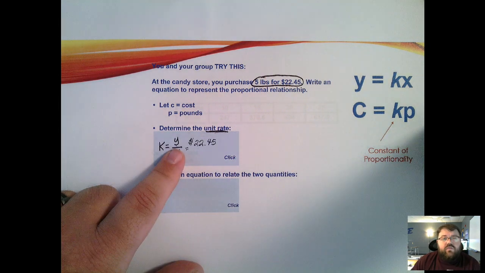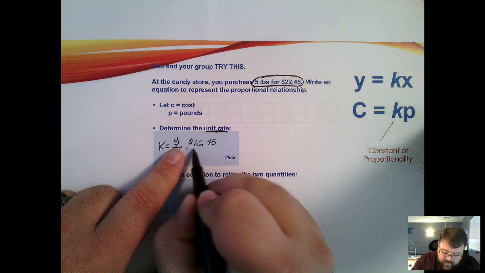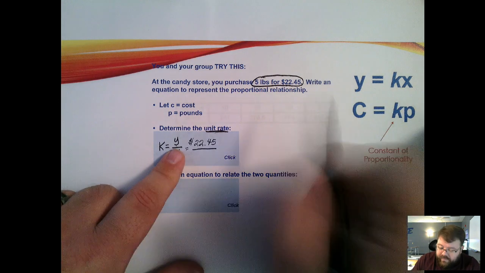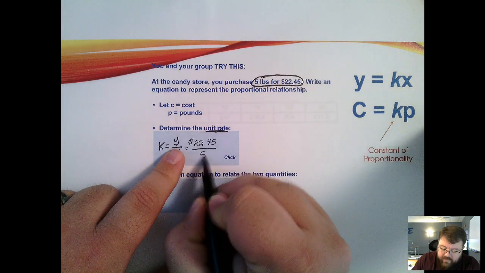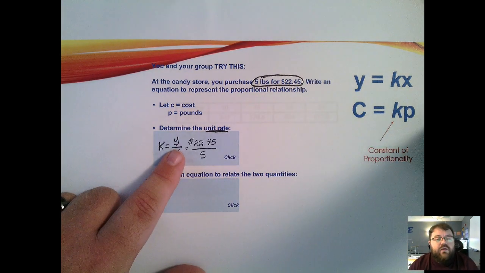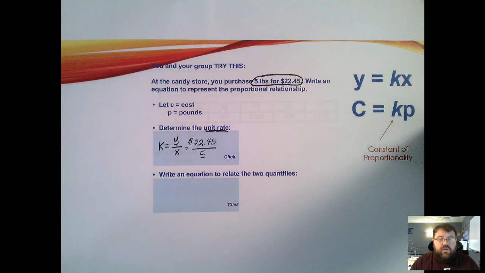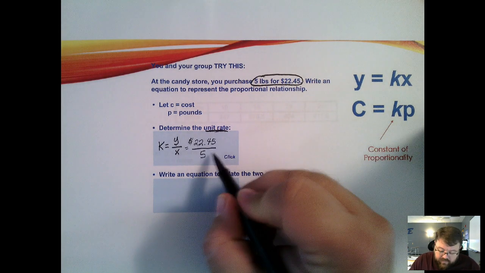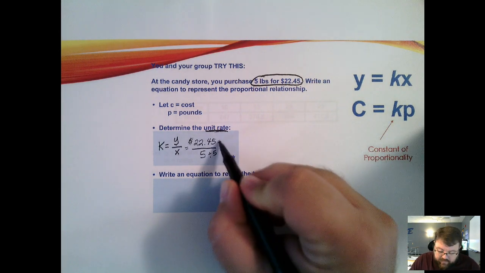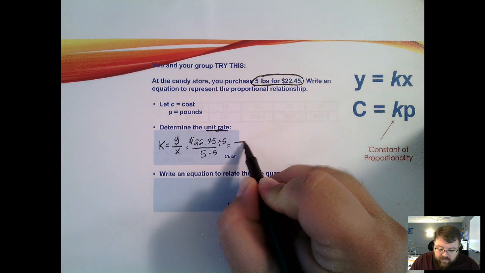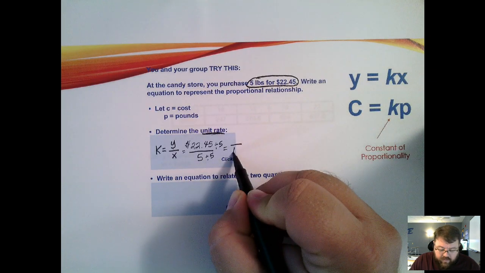So $22.45 divided by 5. Okay, so here we have set up our rate. Now we want to calculate the unit rate. To do that, we divide both by 5. Okay, you all know this at this point. 5 divided by 5 is 1.